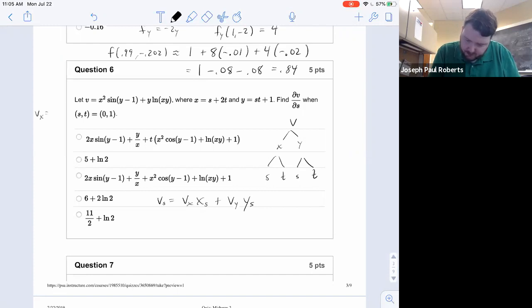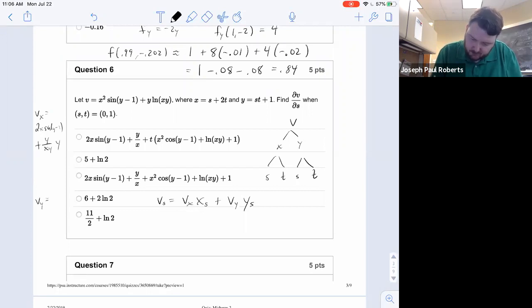The x partial of v is 2x sine y minus 1, plus y over xy times y. Be careful with the chain rule. So that's our x partial.